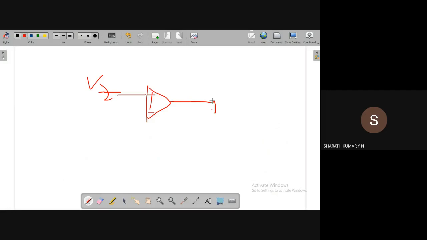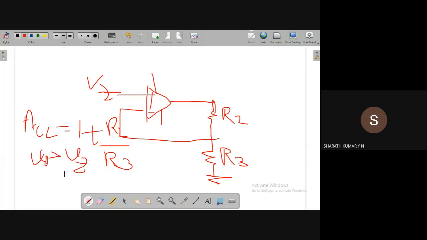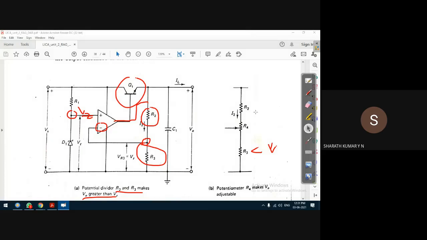We have R2, this is the junction, and from this R3 and ground. So this is nothing but a non-inverting amplifier, and the closed loop gain is equal to 1 plus R2 by R3. That means the output voltage is at least greater than the input voltage, which in this case is VZ. We can achieve an output voltage larger than the input voltage by using a non-inverting configuration. Very simple.